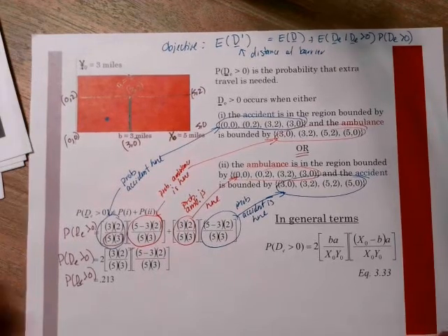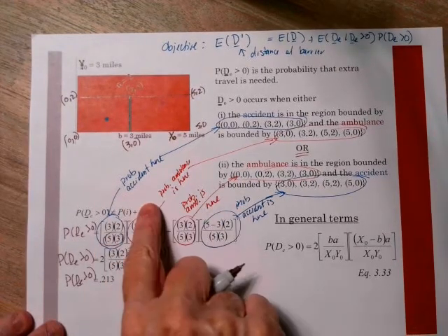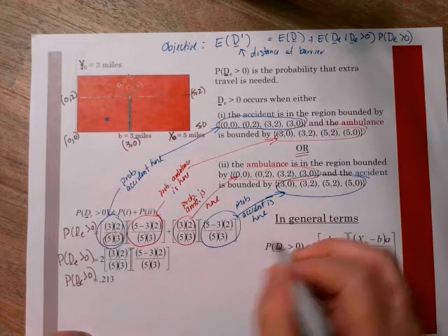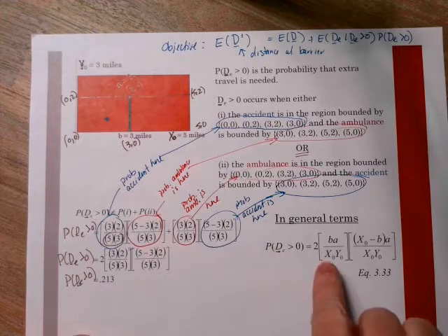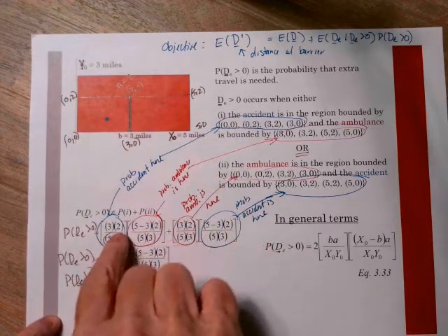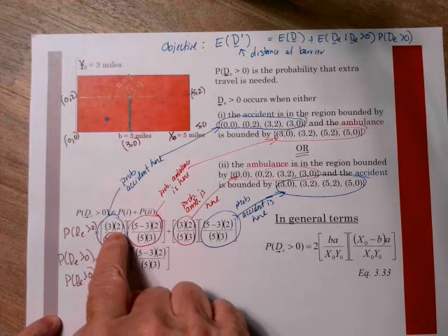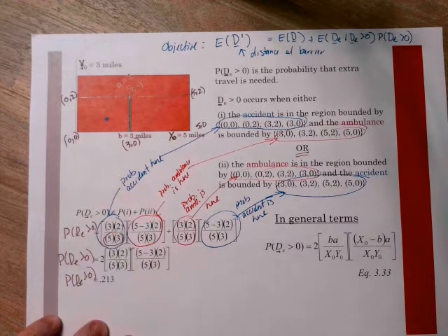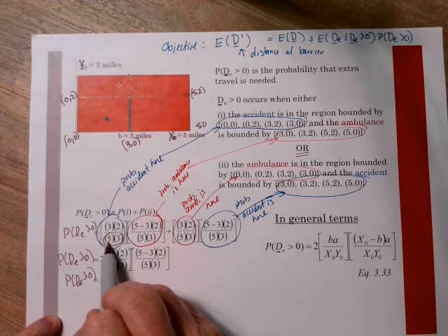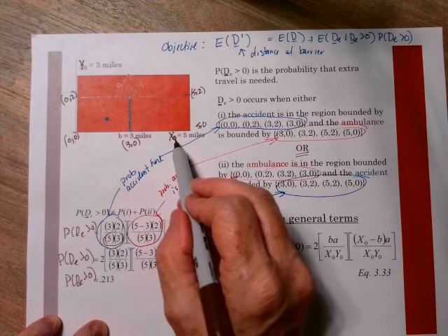Now in general terms, if I went and looked over here, I would be able to reduce all of this to this general equation. And I'm going to let you do the algebra to show that that is true. So if, for example, wherever I see this 2 in this equation right here, I replace it with an A. Wherever I see this 3, I replace it with a B. Wherever I see this 5, I replace it with a big X naught.